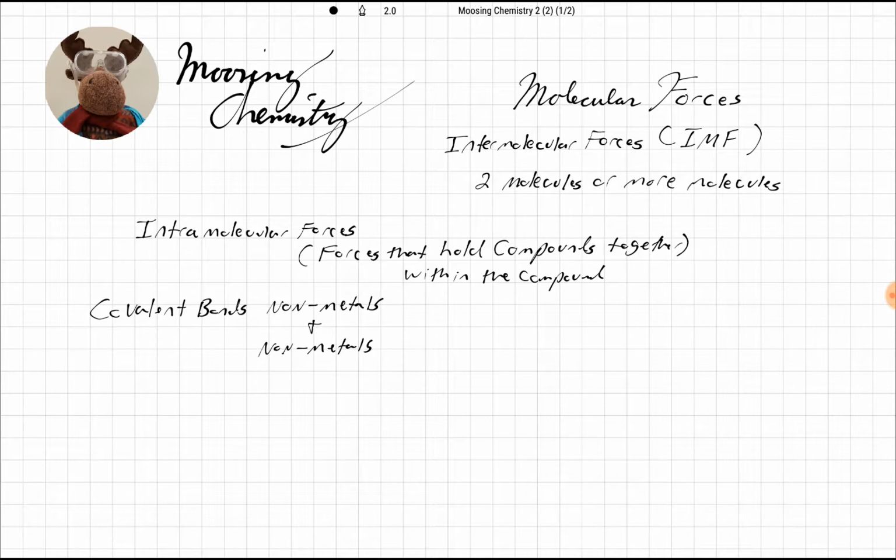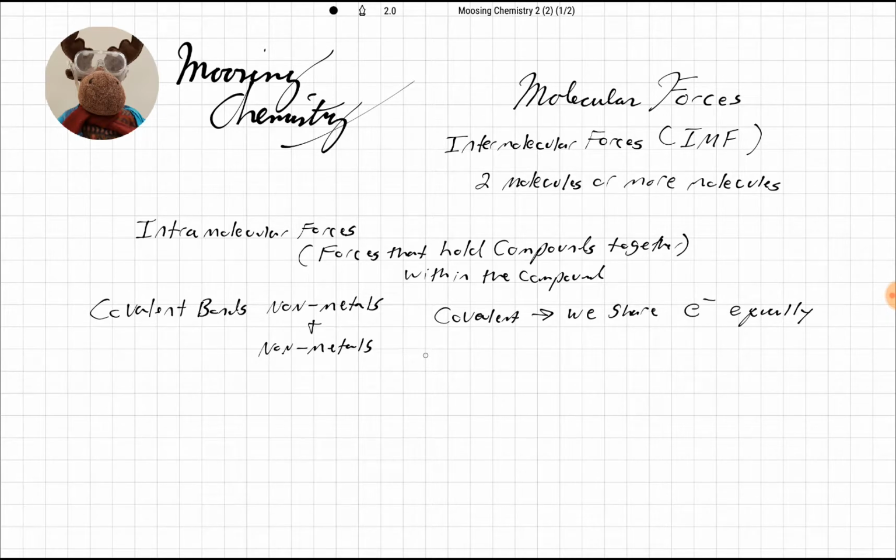Now, covalent bonds can either be what we call covalent, where we share electrons equally. So in other words, the electrons that are shared between the two nonmetals are shared the same amount of time.